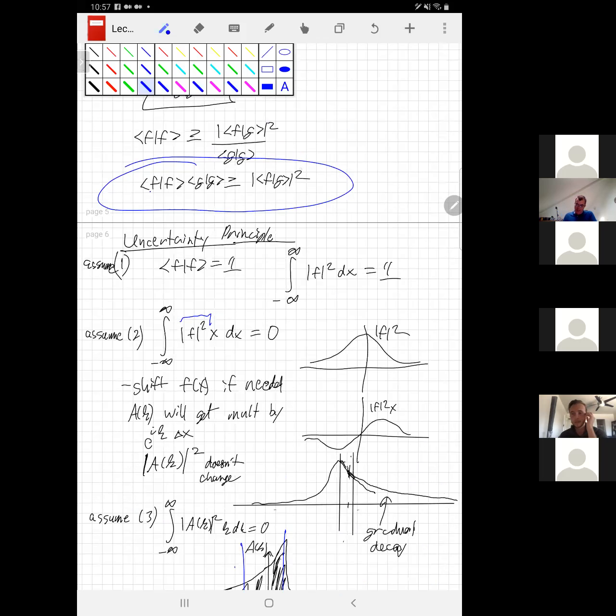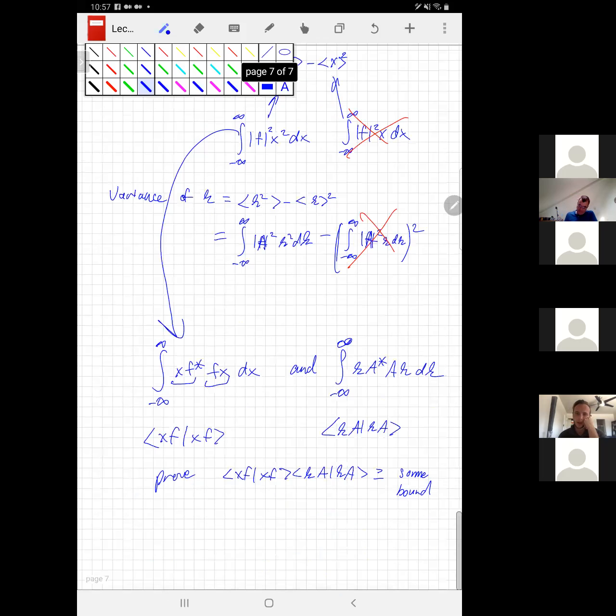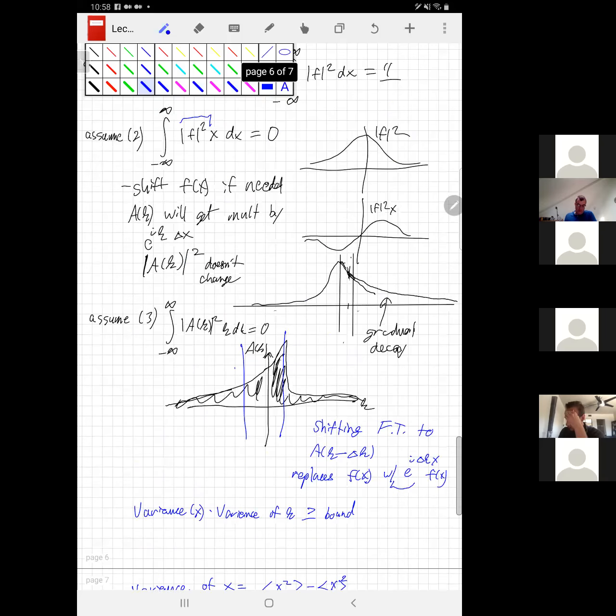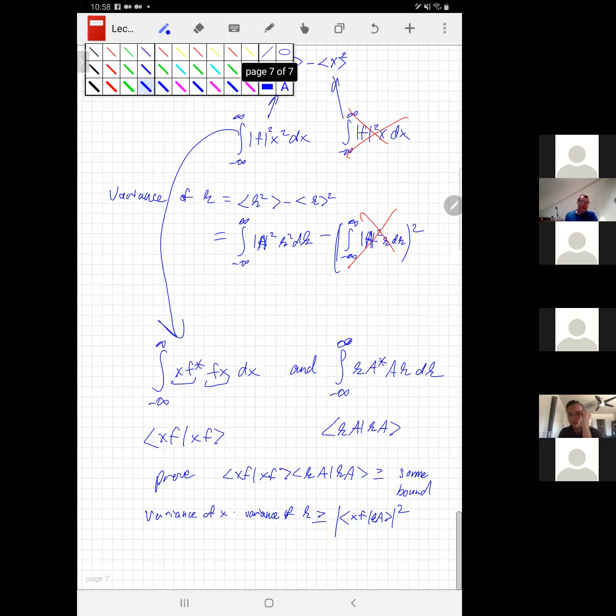That's got to be greater than or equal to the square of the inner product of f with g. So I can conclude that the variance of x times the variance of k is greater than or equal to the inner product of xf with ka, absolute value squared. Any questions on how I got there?